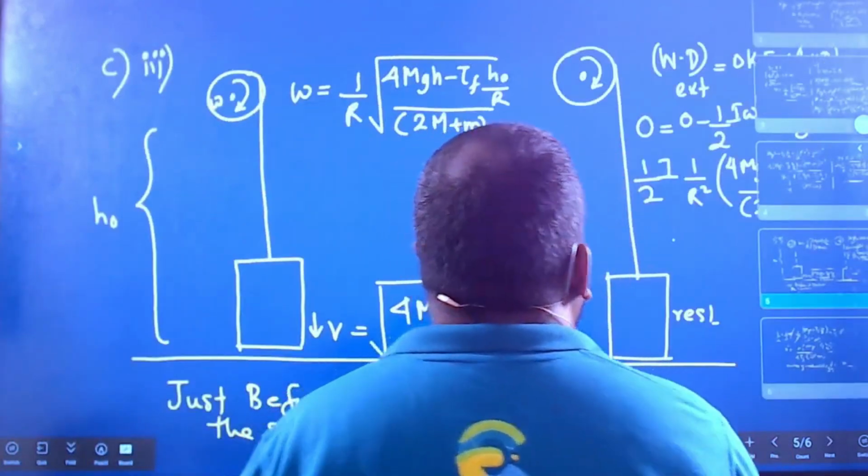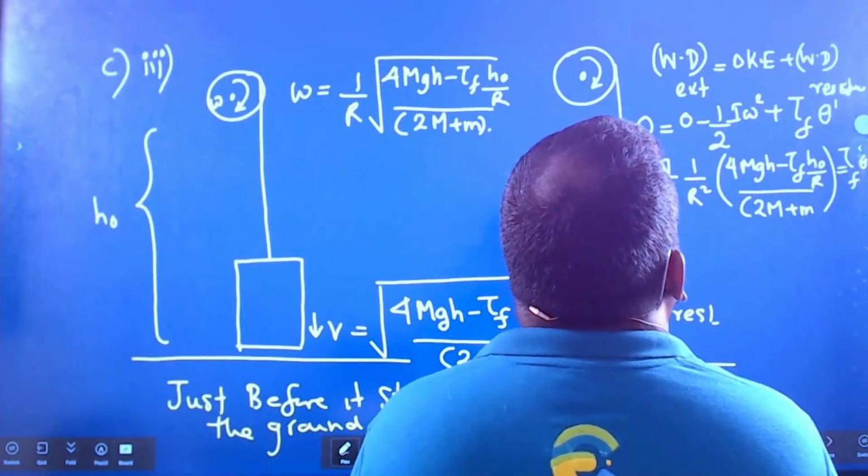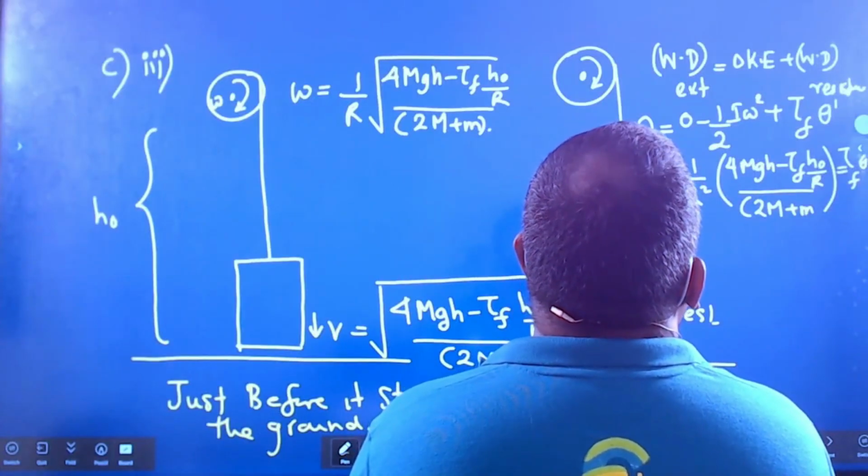Check whether the calculation is correct.